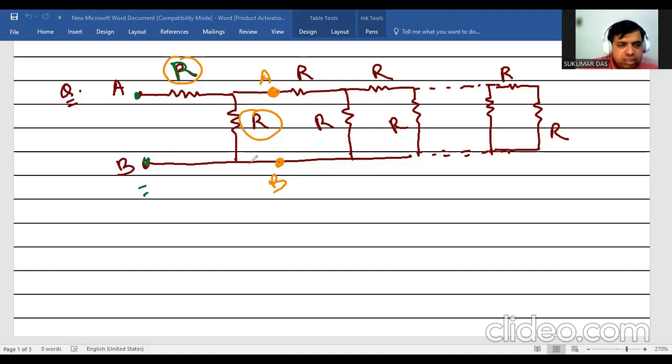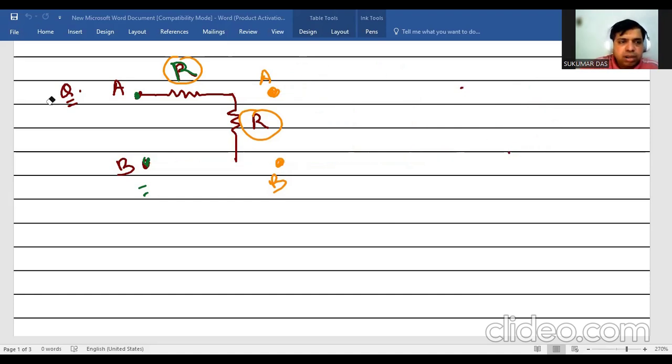Now, instead of writing all of this, since it is similar, we will write X here. And now the resistance between A and B is also X.